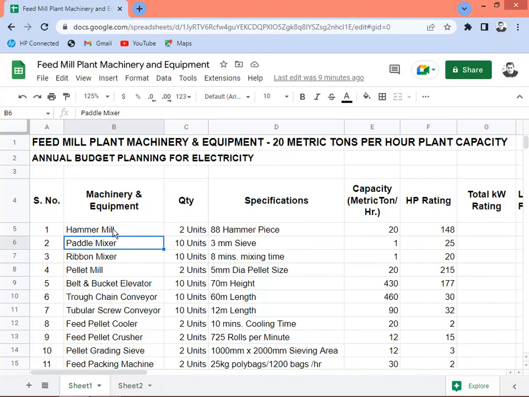Okay, which means that these machinery and equipment have electrical motors, which will contribute to the consumption of energy or electricity. So this is a manufacturing plant, a feed mill plant, machinery and equipment for a 20 metric tons per hour plant capacity and annual budget planning for electricity. Okay.